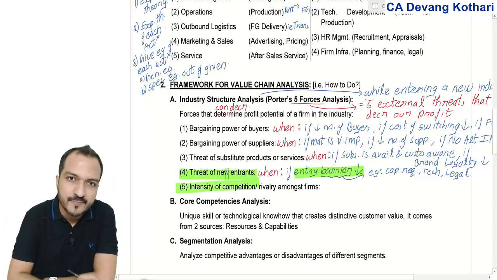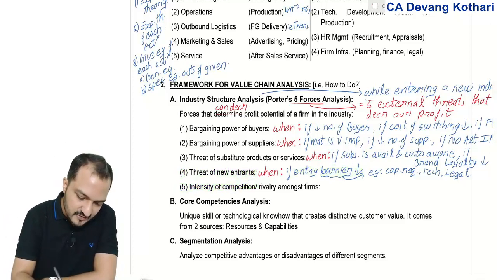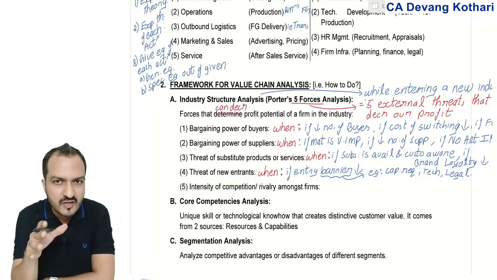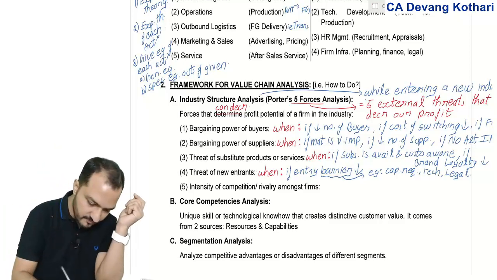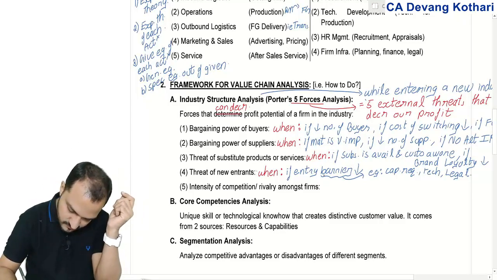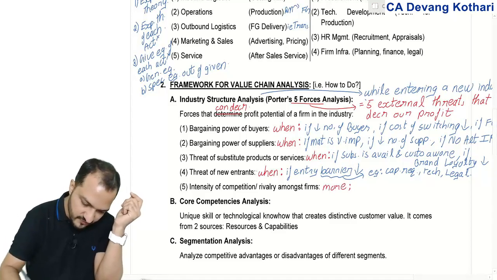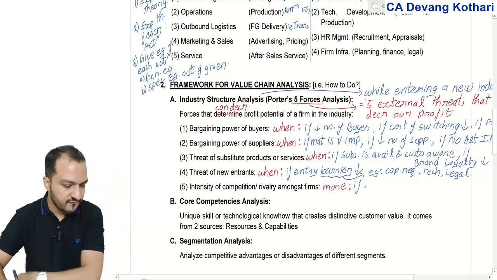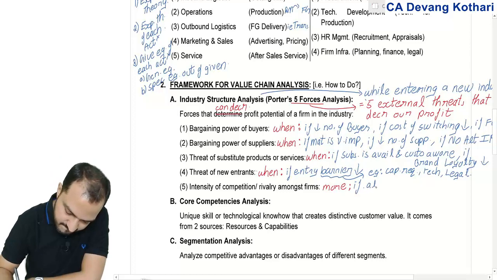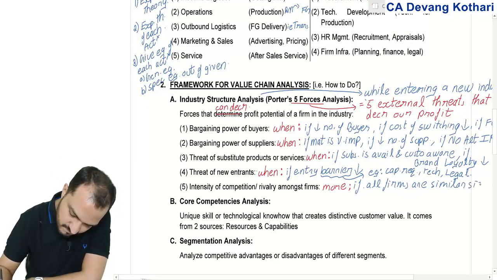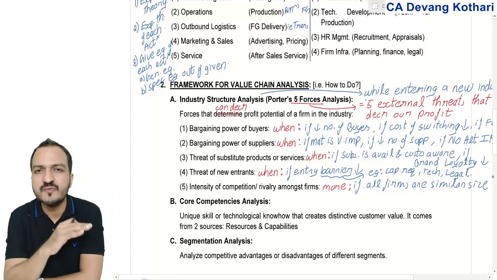And intensity of competition. Intensity of competition means that whatever companies are there in the industry, how much intense competition exists among them. The intensity of competition will be more if all the companies in the industry are of similar size.